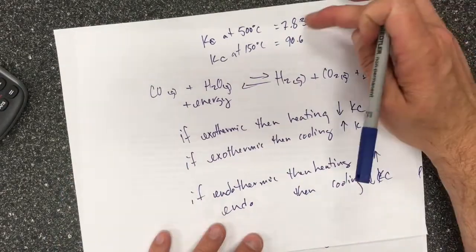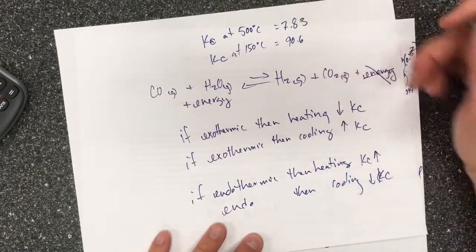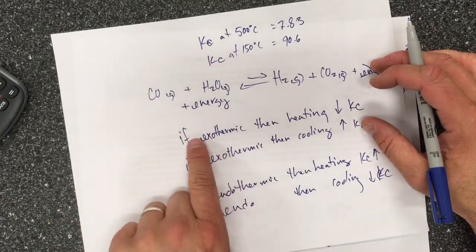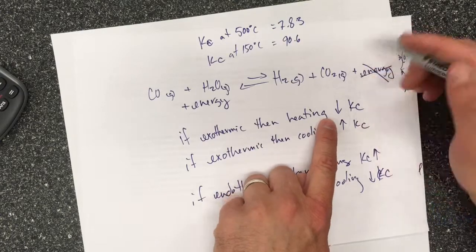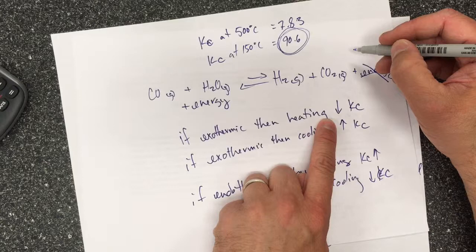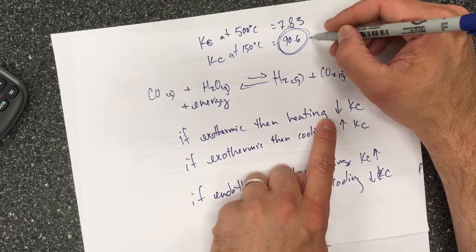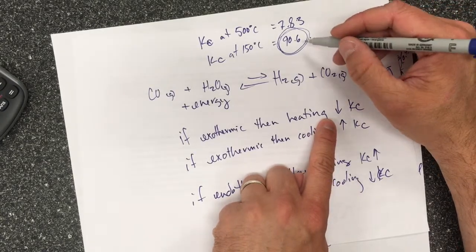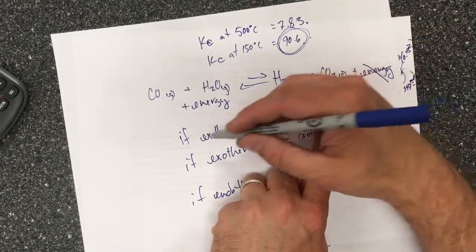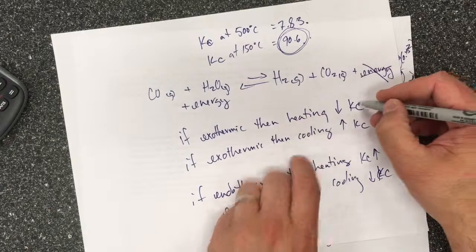So we can see that as we have heated it, so if it's exothermic and heating, the Kc decreases. Well, that's what's happened. At the lower temperature, it has a Kc that is bigger than at the higher temperature. So if exothermic, then heating decreases the Kc.